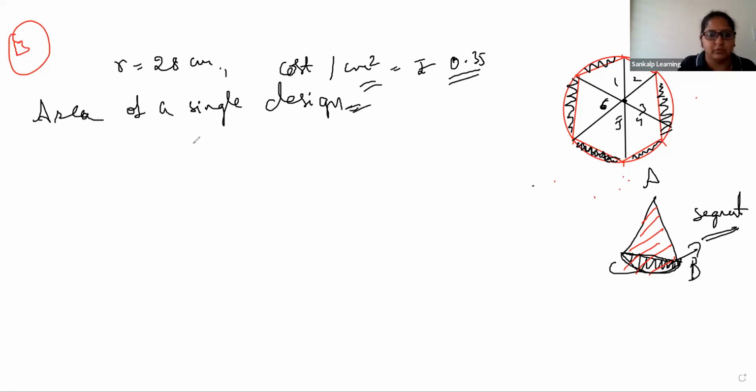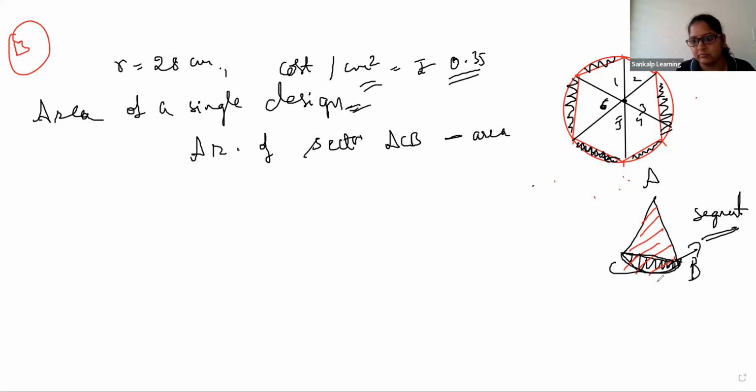That is equal to area of sector ACB minus area of triangle AOB.